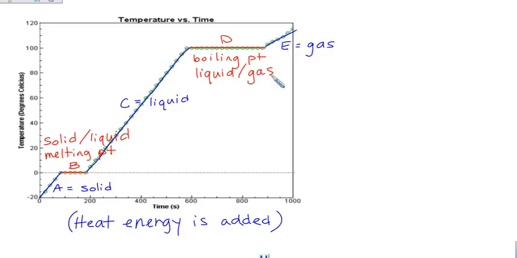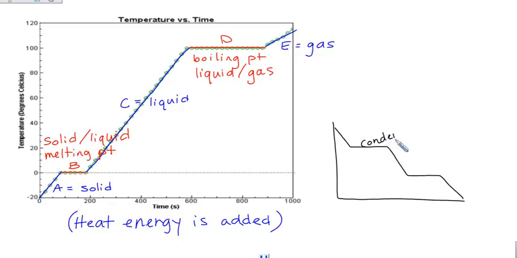Now we could also do this in the opposite direction. So we could have something that looks kind of like this. We could go in the opposite direction, where here I'm removing energy from my gas, and then this section would be condensation. So this is still gas.